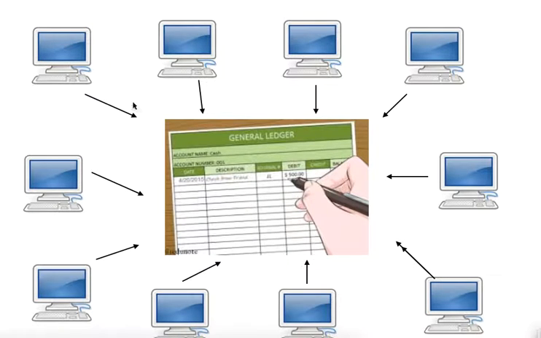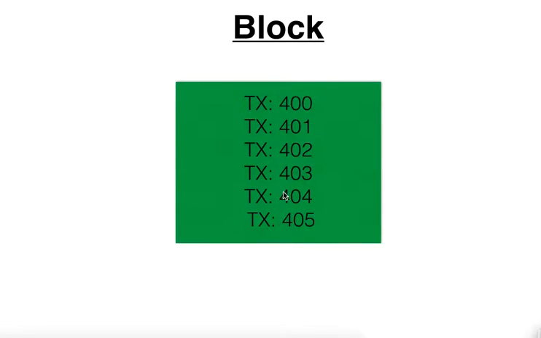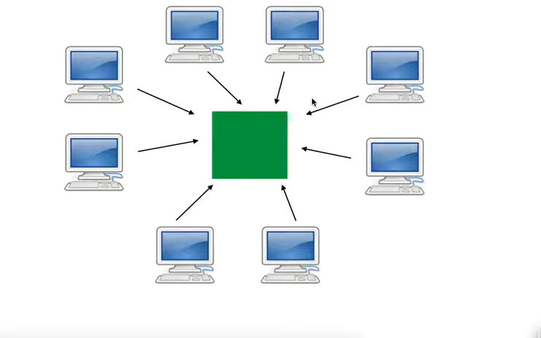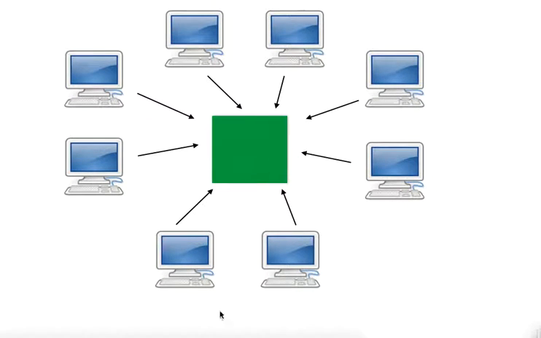And once again, these miners or nodes are all competing to solve the block, and the one that gets to solve the block gets to put it on the blockchain and get a fee for doing so. So as transactions come onto the network, these computers are competing to solve the block, and some of them get to solve the block, or batch of transactions.